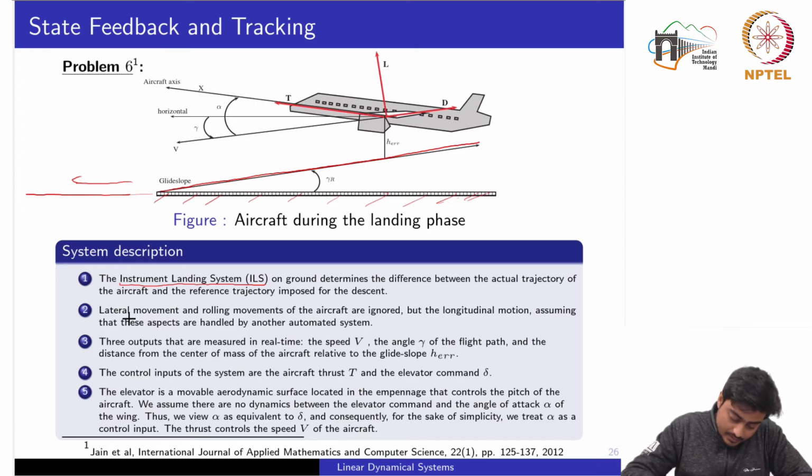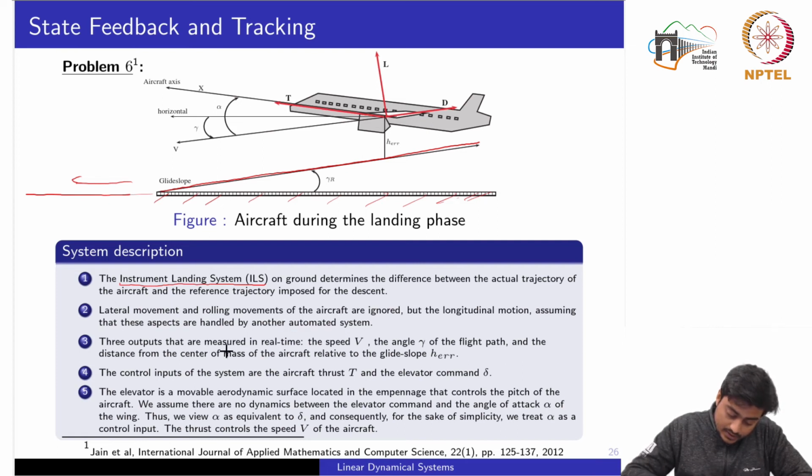Now in this system description, we have not taken the lateral and rolling movements of the aircraft into account, but we are only concerned with the longitudinal motion, assuming that the lateral and rolling movements are handled by another automated system.